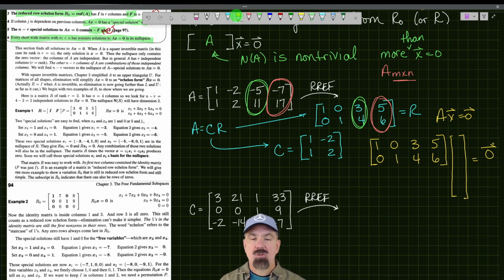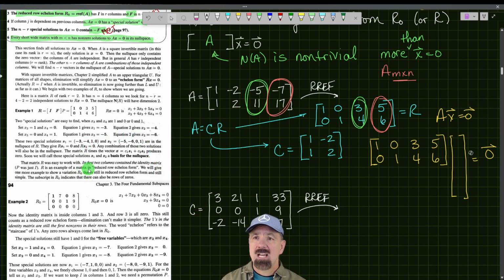And this is what Strang is talking about when he says special solutions. You can read about it, but I'm just going to demonstrate this because I think it's easier to see with a demonstration. We're going to take one of the free variables. We have the pivot columns and the non-pivot columns. When we're solving a system like Ax equals 0, the free variables are associated with the non-pivot columns.